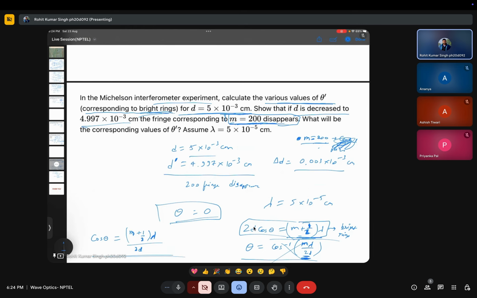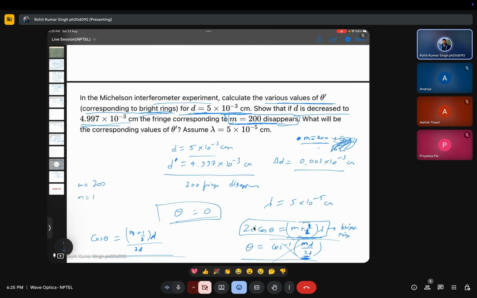Okay, yeah. So what basically happens is that decreasing this distance from 5 into 10 to the minus 3 to 4.997, the m equal to 200 order fringe will disappear.